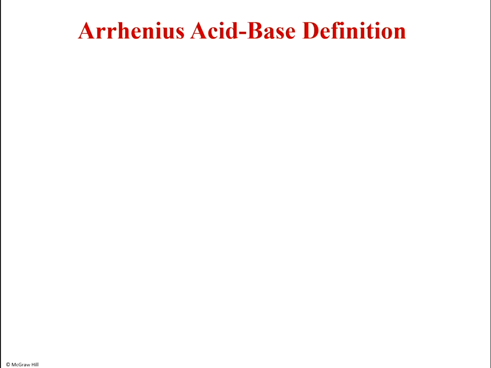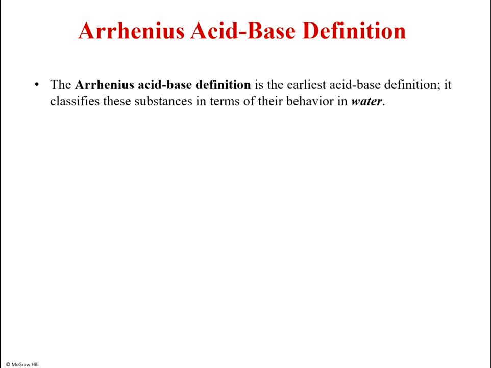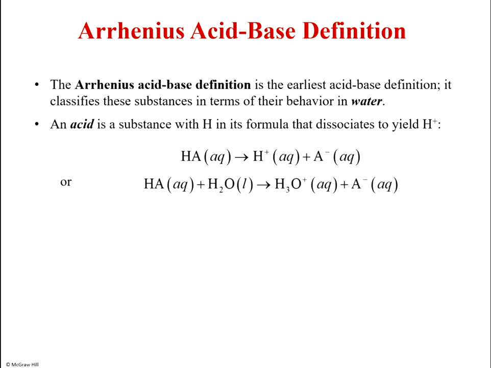Back in Gen Chem 1, we had a definition for acids and bases, the Arrhenius classification. Looking at substances in water, we identified acids as proton donors. Those are things that would dissolve in water to release a proton. And we can show this one of two ways. The first way is the way I will more commonly do this in lecture. The second way is the way your book and many places handle this.